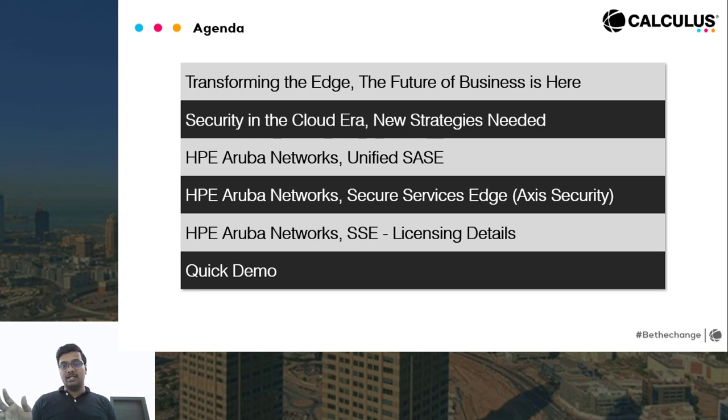Followed by that, we will also have a look at licensing details of HPE SSE. Finally, we will wrap up things with a quick walkthrough demo of the solution itself.